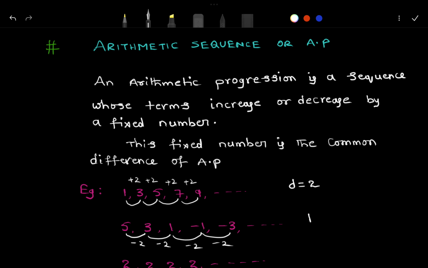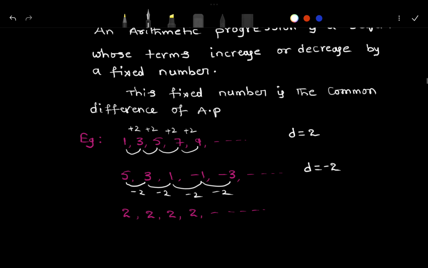So the common difference is equal to minus 2. Now in this one the difference between successive numbers is 0. So the common difference is equal to 0.